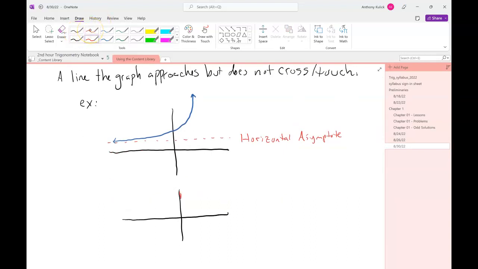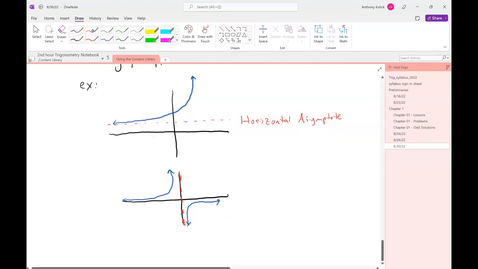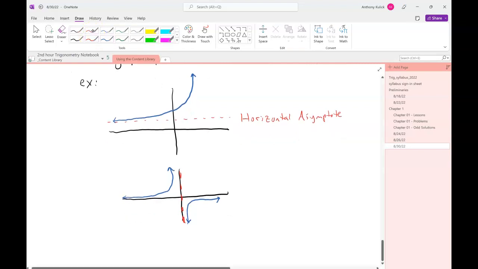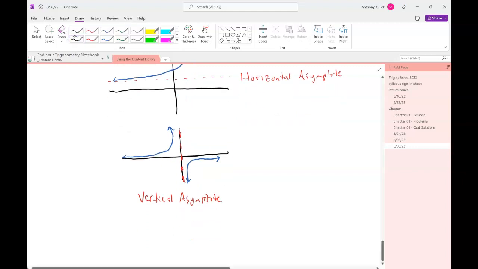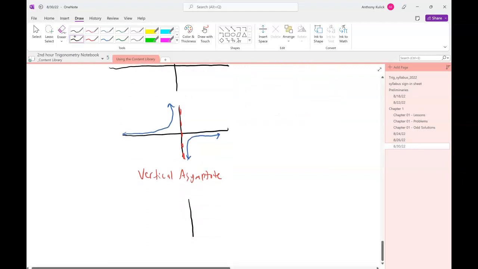Let's look at another one. If I look at this asymptote, what kind of line is that? Vertical. So we would call this a vertical asymptote. Are there other kinds? Seems like it, considering Mr. Kulik's going and drawing some stuff in.